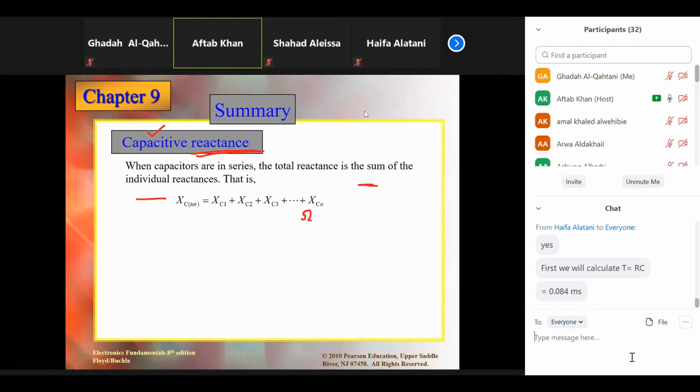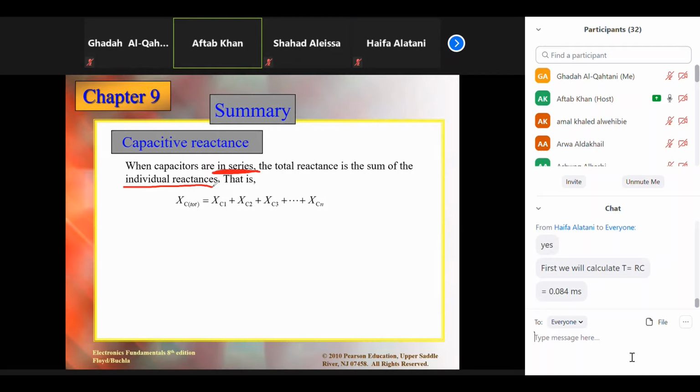Now girls, reactance, as I said, is the same as resistance. So girls, when you have capacitors in series, please watch carefully. When the capacitors are in series, the total reactance is the sum of the individual reactances.